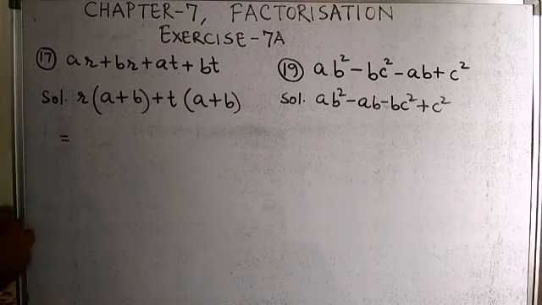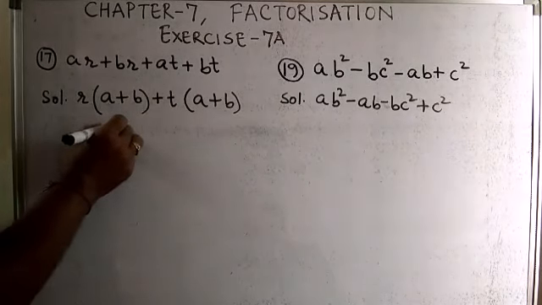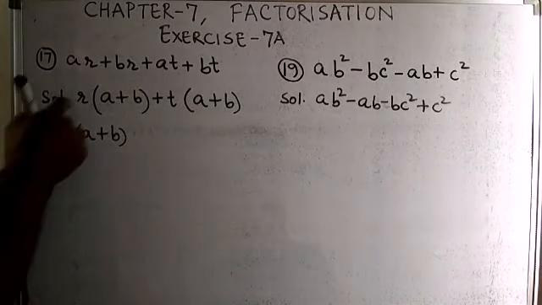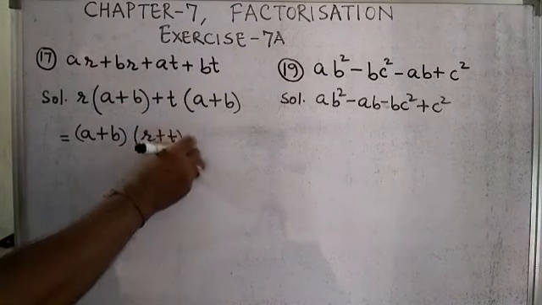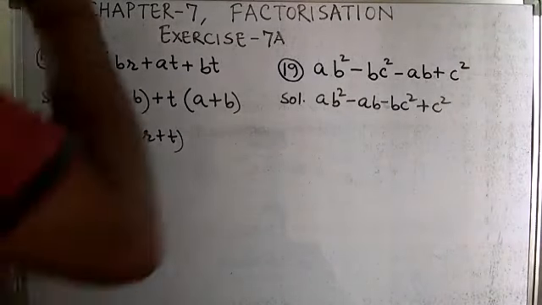Now in the next step, a plus b is common, that is the highest common factor, this binomial term, and the quotient will now become r plus t, so the solution is a plus b into r plus t.